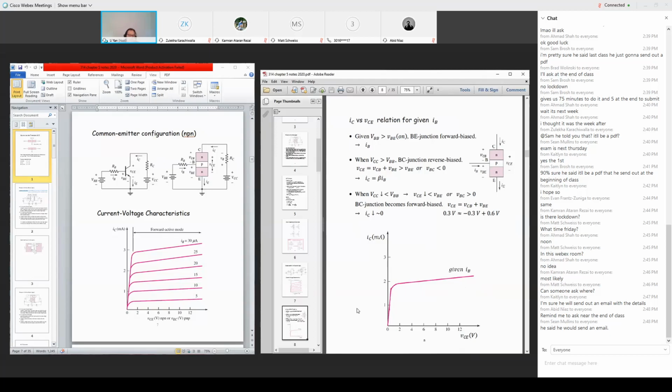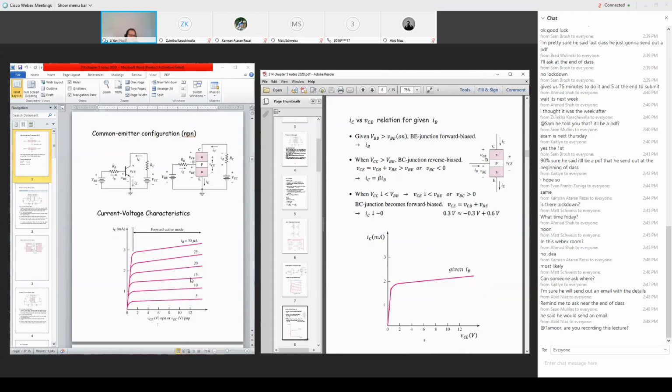And what happens if I increase the VBB voltage? Then the current IB will be stronger, so IB will increase. But for a given IB, I have the same behavior for IC. So that gives me the graph on the previous page, where I have a family of lines.